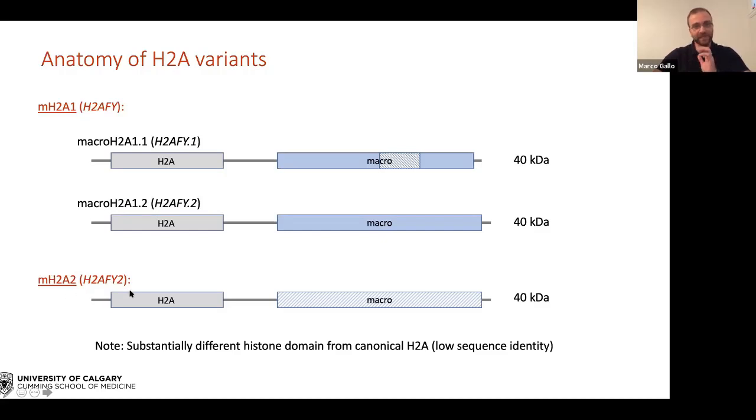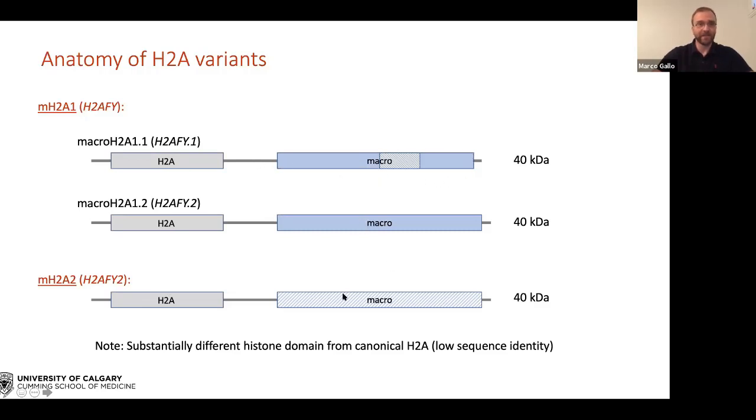Okay, so this is the only slide I'm going to have about the background for H2A. There are two genes encoding macroH2A variants. These are H2AFY and H2AFY2. I'm not going to go into the specifics, but these encode proteins that have a histone domain, and they also have a longer domain which is called the macro domain.